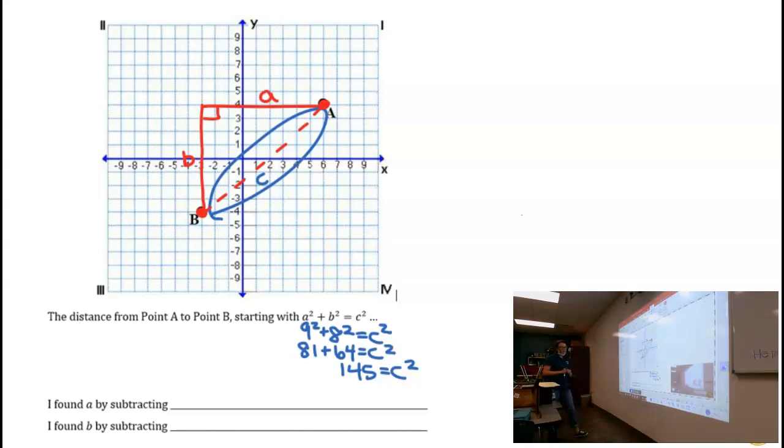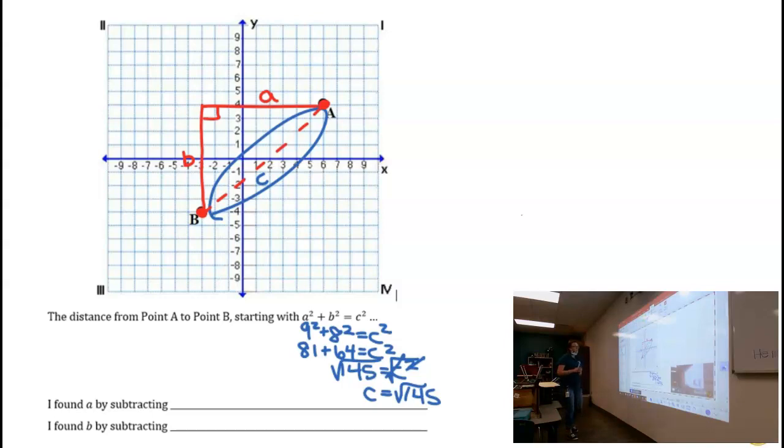And then if I'm trying to calculate c, the distance, not c squared, the only way that you undo a squared is to square root. And that will undo or negate the squared. So we have that c equals the square root of 145. That's the distance. It really doesn't mean a lot to us when it's in that form. However, that is the distance from point A to point B.